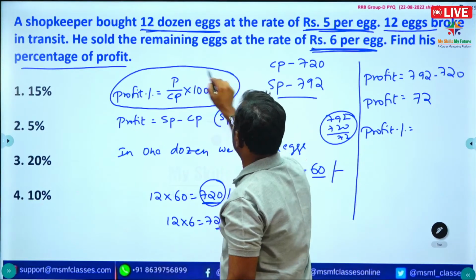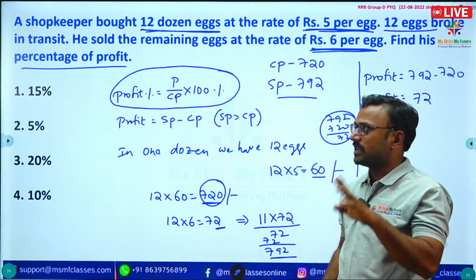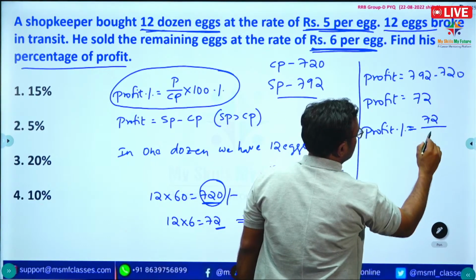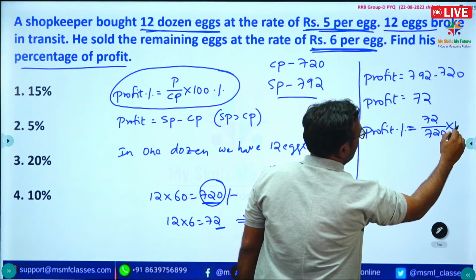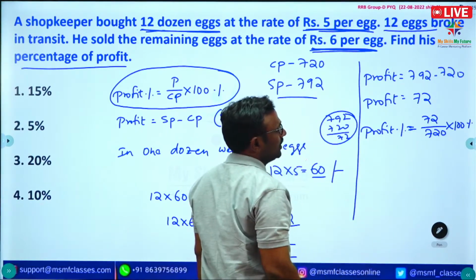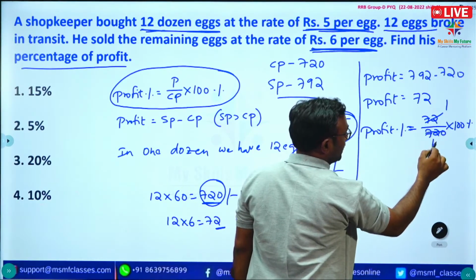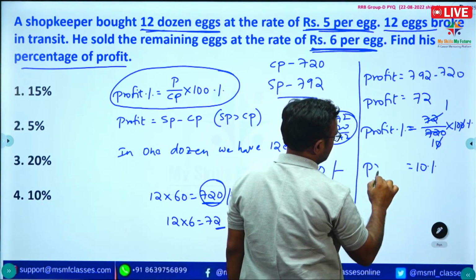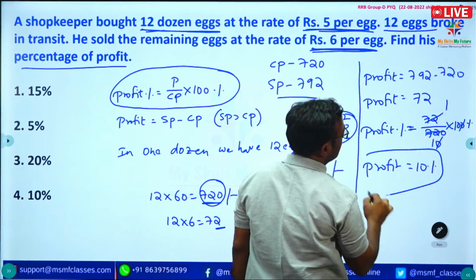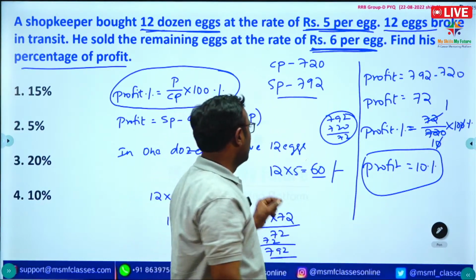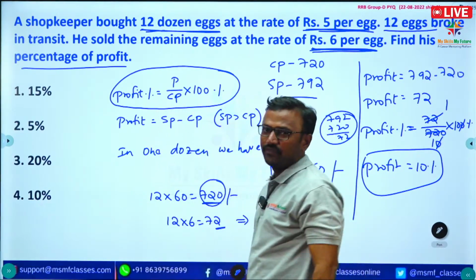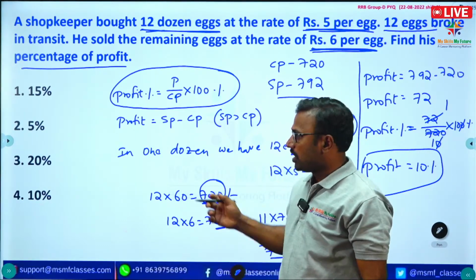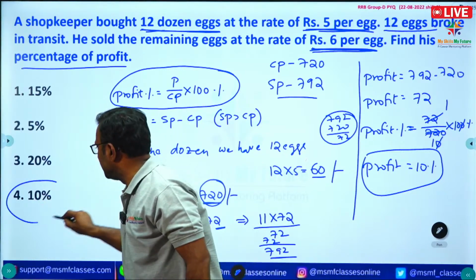Profit is 72, cost price is 720, into 100%. The zeros cancel, so the profit percentage is 10%. Option 1 is 15%, option 2 is 5%, option 3 is 20%, option 4 is 10%.